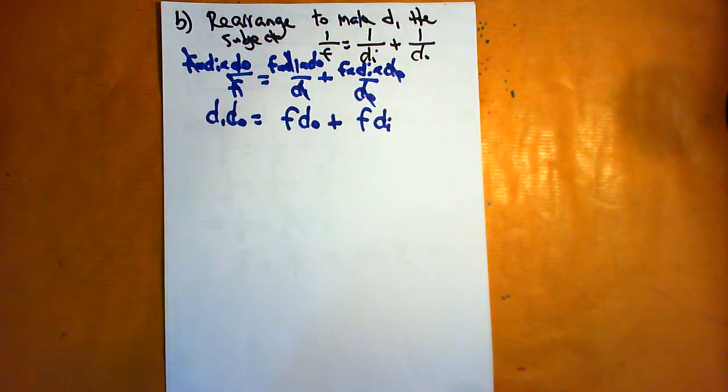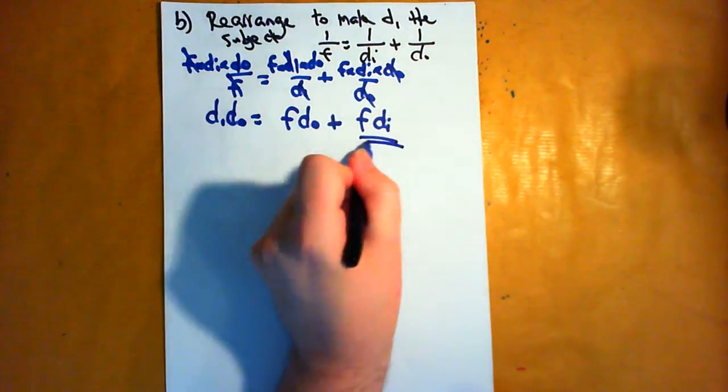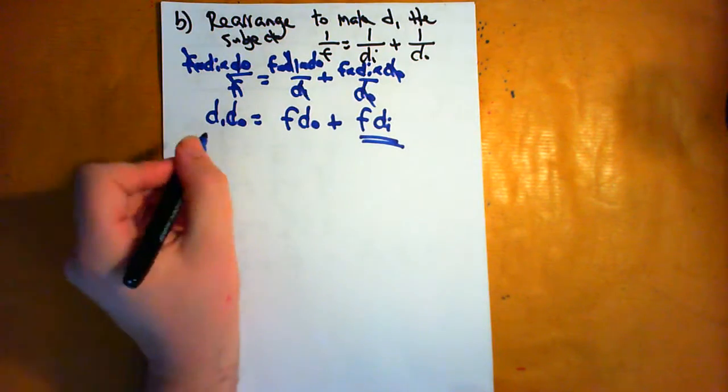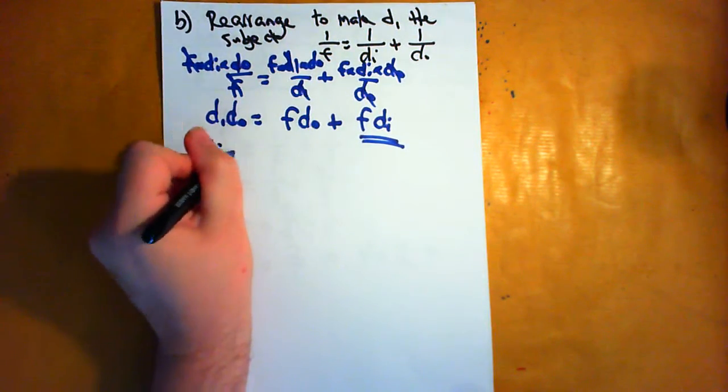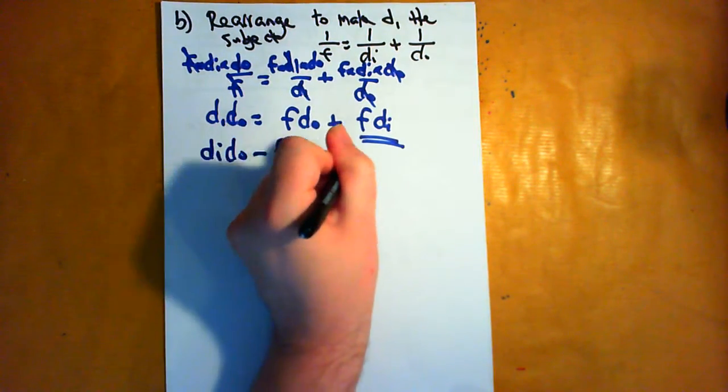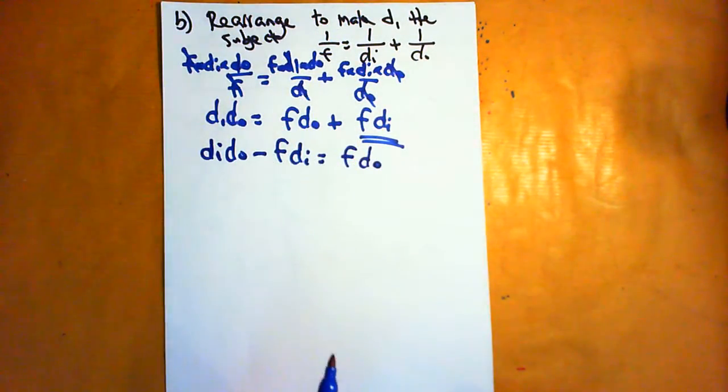What we're looking to do is to solve for di. That means we want everything with a di in it on one side, everything else on the other side. That means the f times di is on the wrong side of the equation and needs to be moved. So if we move the f times di, we get di do minus f times di equals f times do.